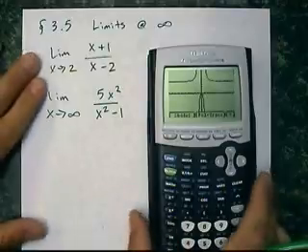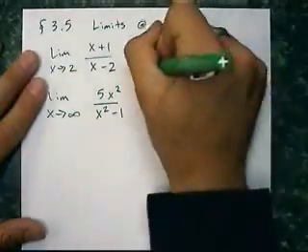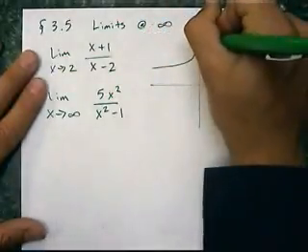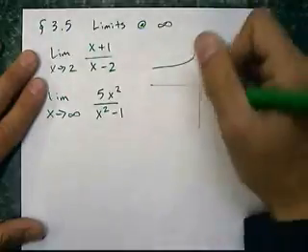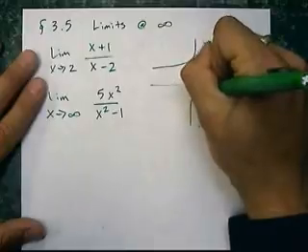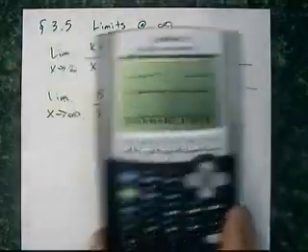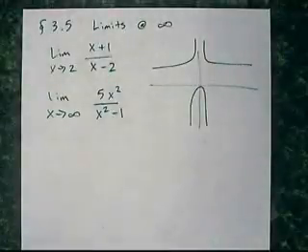It looks something like that. All right, so our graph looks ballpark something like that. I just threw it on there, just going to try to get an idea of what's going on here.